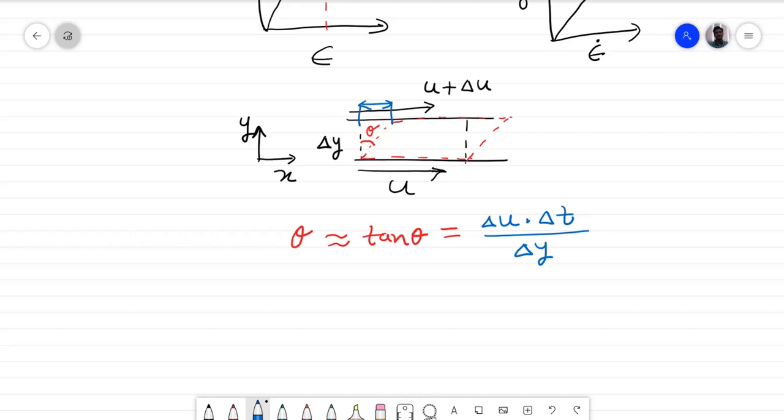Okay. And if this theta is very small, you can also denote it by delta theta, the instantaneous change in the angle. Let us call it delta theta. Now let us take delta t to the left hand side.